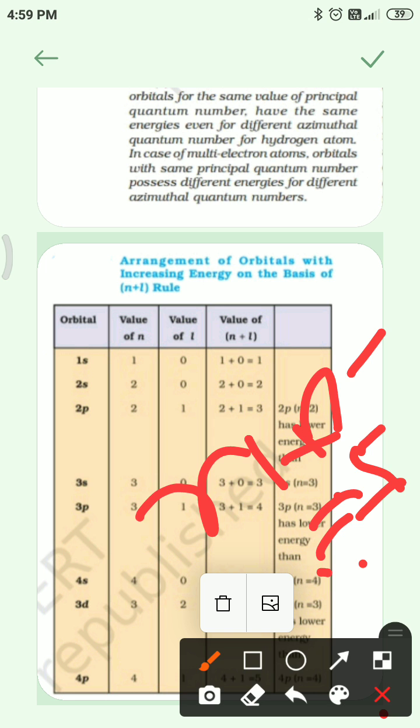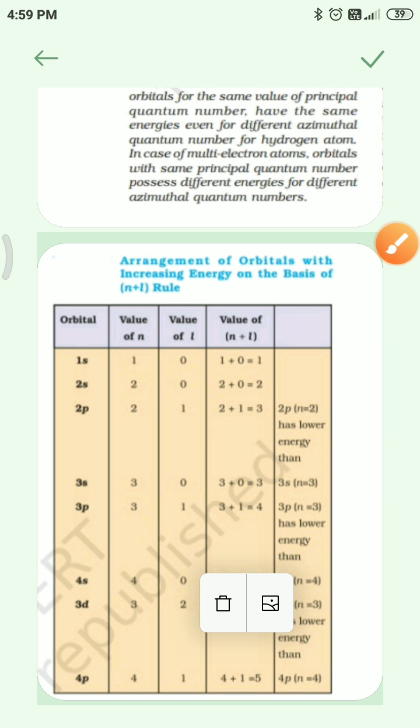Lastly, it may be noted that the energies of the orbitals in the same subshell decrease with increase in the atomic number, that is, Z effective. For example, the energy of the 2s orbital of the hydrogen atom is greater than that of the 2s orbital of lithium, and that of lithium is greater than that of sodium, and so on.